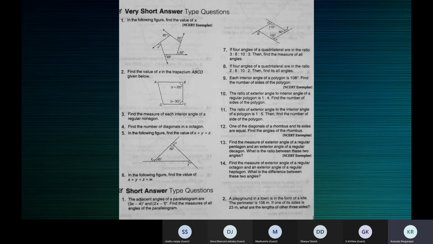So x plus 89 plus 92 plus 20 plus 85 is equal to 360 degrees. Tell me the value of x. 74 degrees, ma'am. Very good. 74. Yes, all of you completed. 74 degrees.